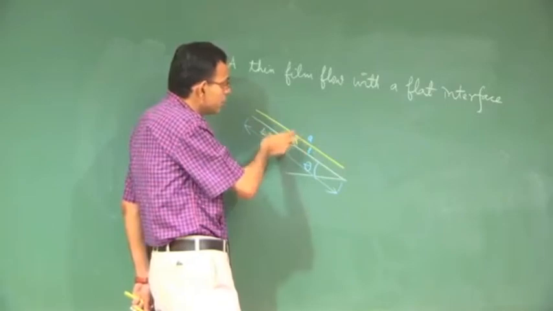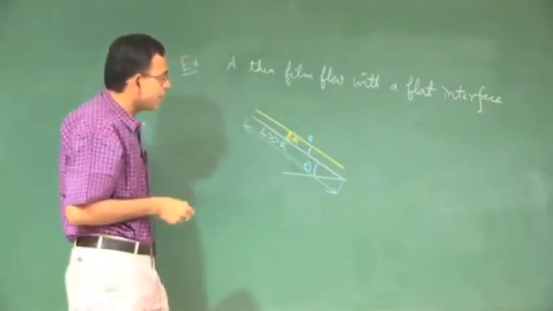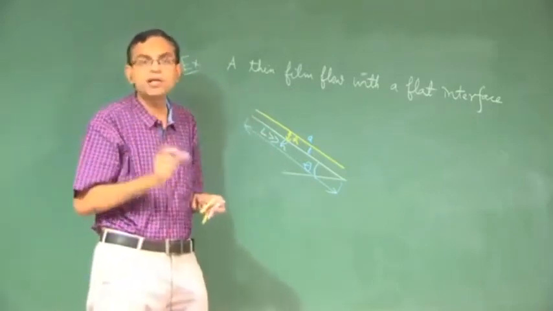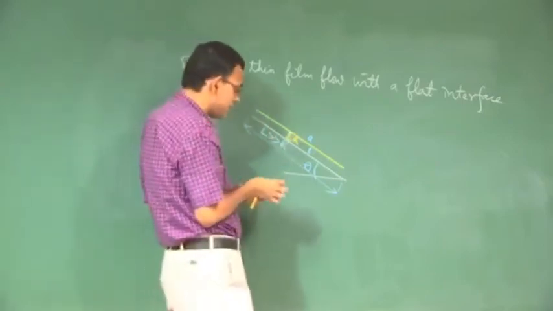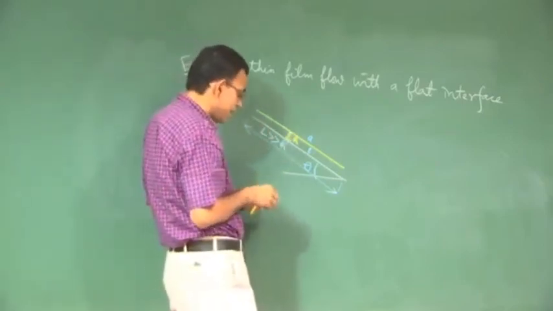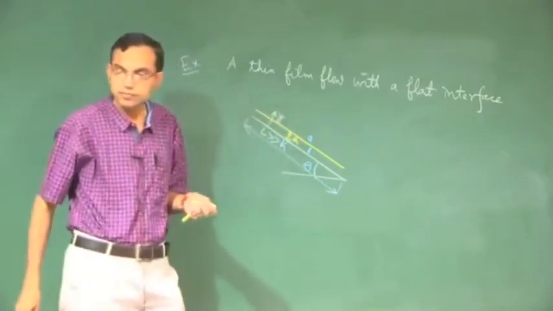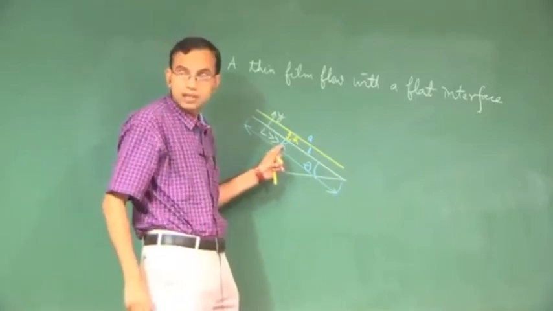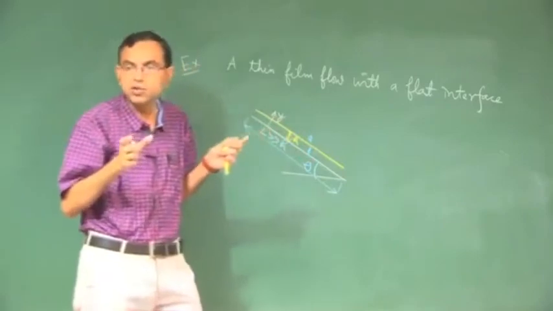Then we can make certain conclusions, and one important conclusion, this I leave to you as homework, is that the pressure gradient in the y direction is much less than the pressure gradient in the x direction. Okay. That is true only if this condition holds. If H is of the order of L or even greater, then that does not hold.